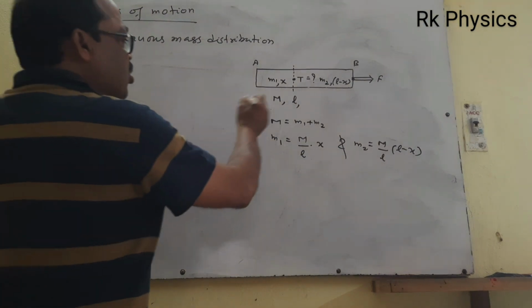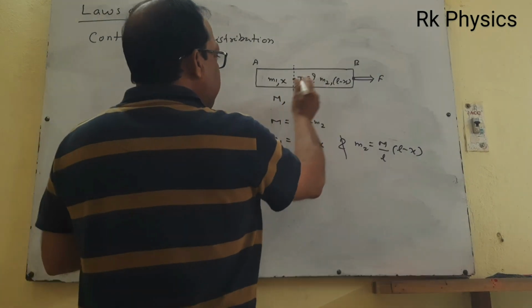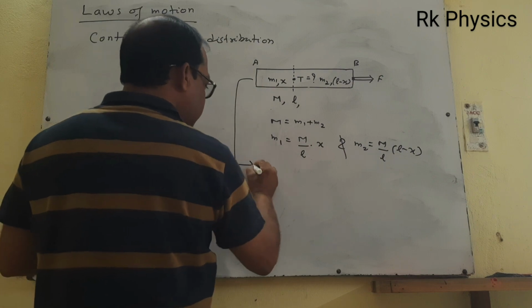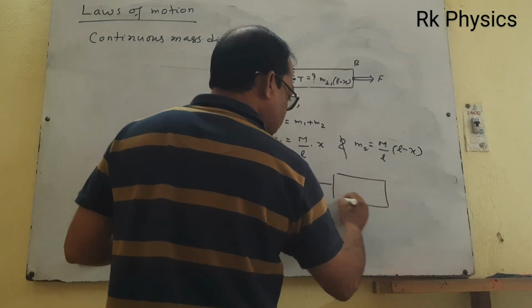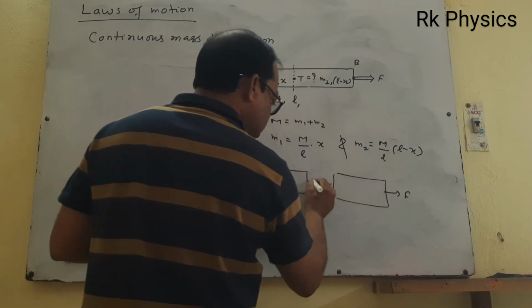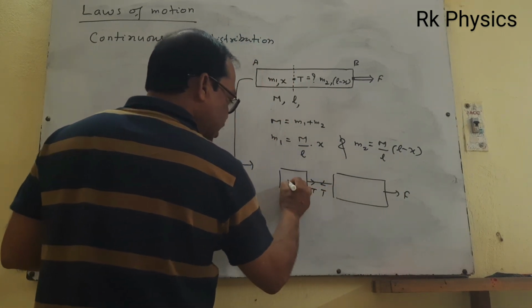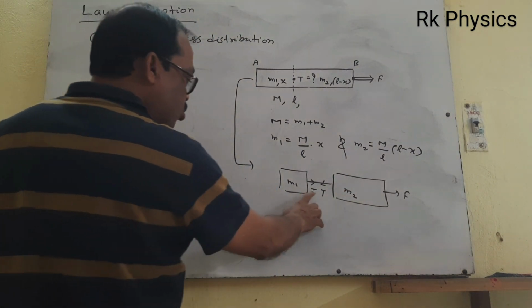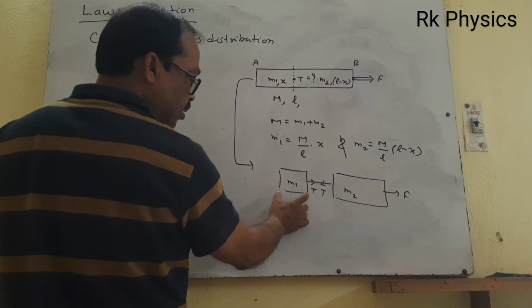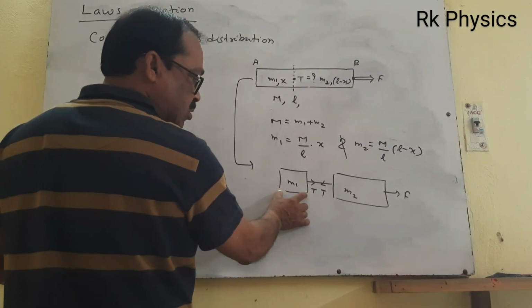Now that is the tension here. If you assume this object like this, that is T, this is m1 and this is m2. Now our aim is to find T. This is section length x.